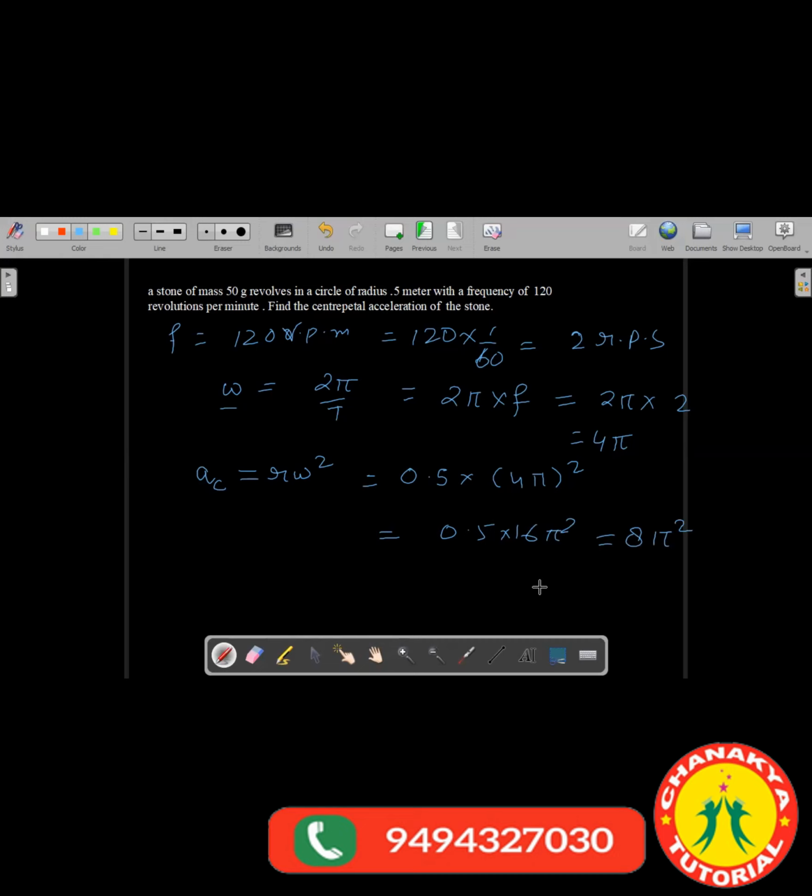After the centripetal acceleration, if you want to find out centripetal force, that also can be found by multiplying mass with acceleration. Force is given as mass times acceleration. So can you find out the centripetal force? Mass is given as 50 grams, that is 5 into 10 to the power minus 2 kg.